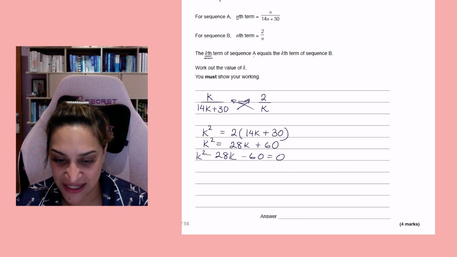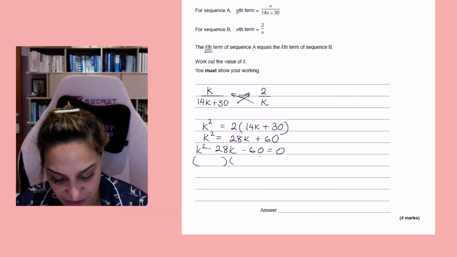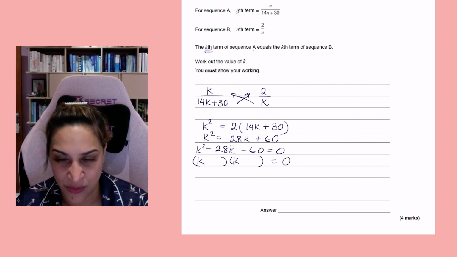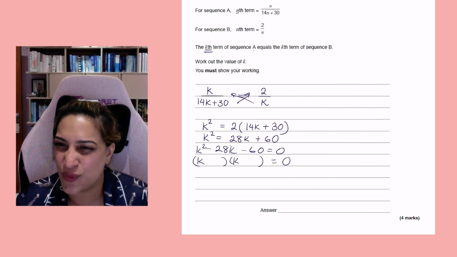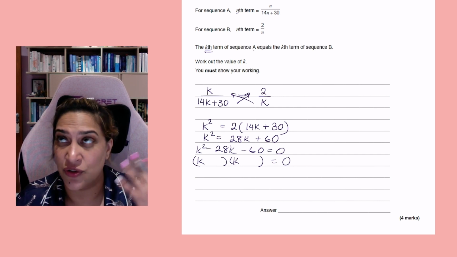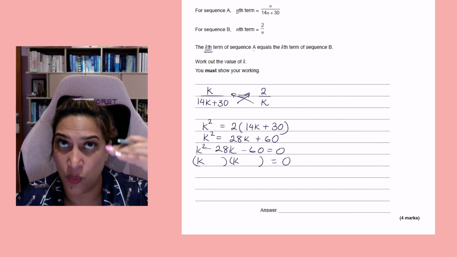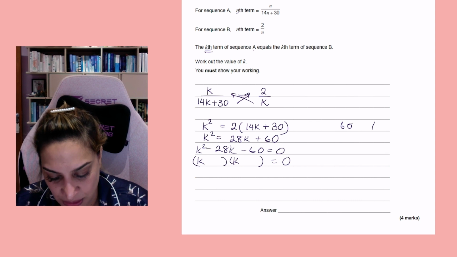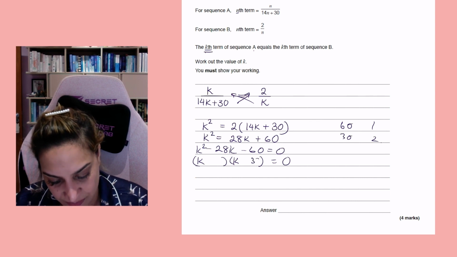Now, if it's a calculator paper, use your calculator to help you factorize it. Although if we think about factors of 60, with a difference of 28, hopefully you're going to think, it's not going to be a huge number. So 60 and 1, that's not going to give me a difference of 28. 30 and 2, perfect.